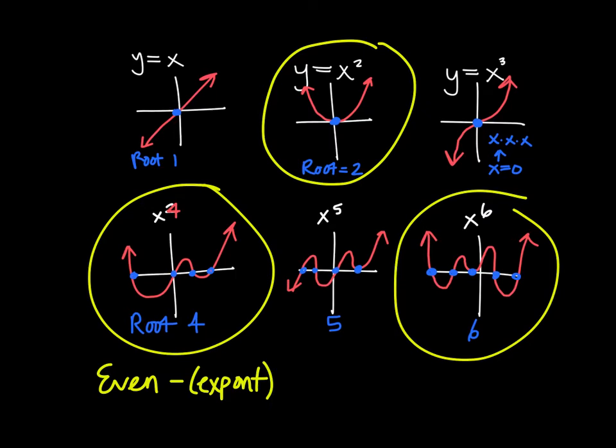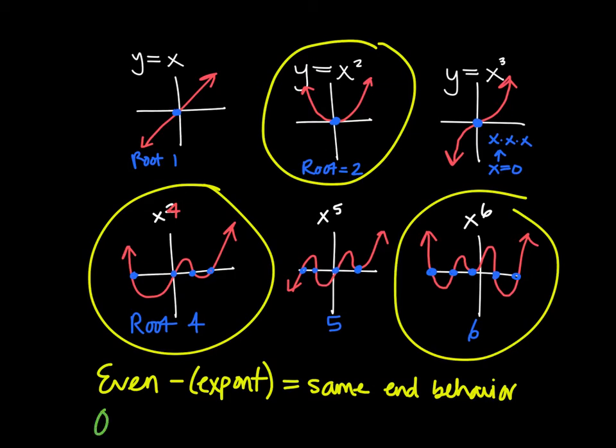Those with even exponents, think about what's the end behavior. On all of them, they're going up on both sides, to the left and the right. So on even, we want to have the same end behavior on both sides. And if it's positive, that's going to be up on both sides.